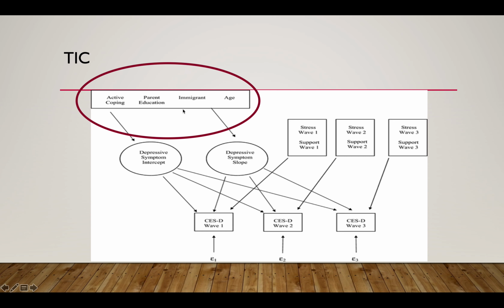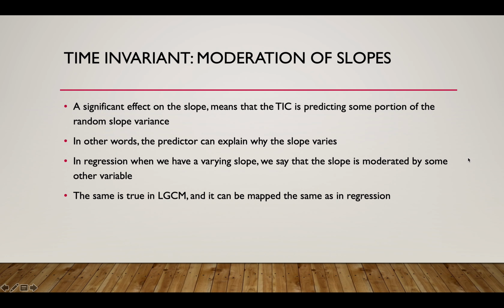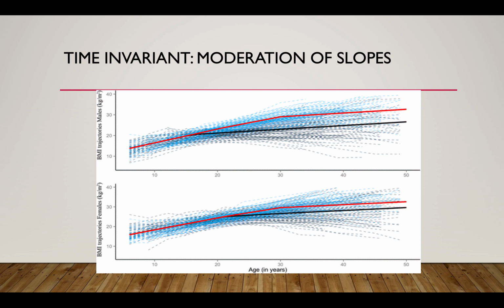The x would be your average slope across time, and x times m would be the effect of immigrant status on slope. So we can plug this into a simple slopes calculator and get the change in slope as a function of your time invariant covariate, the same way that we would do with any other type of moderation analysis. And we'll do this in class this week.